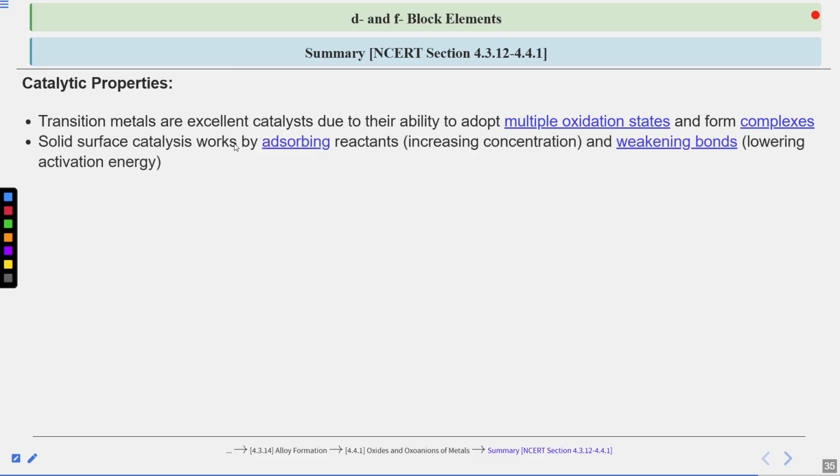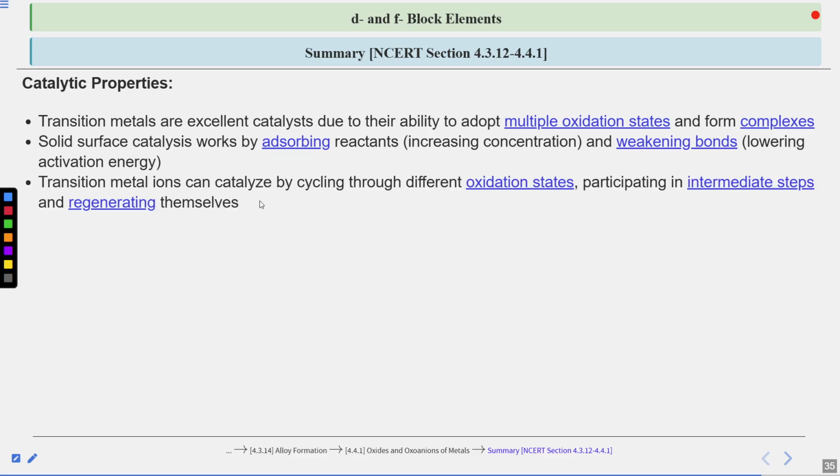Solid surface catalysis works by adsorption of the reactant, which weakens the bonds among the reactant molecules and increases the bonding between the atoms of the catalyst surface and the reactant molecules. Transition metal ions catalyze by cycling through different oxidation states, and through this they can participate in the intermediate step and regenerate themselves.